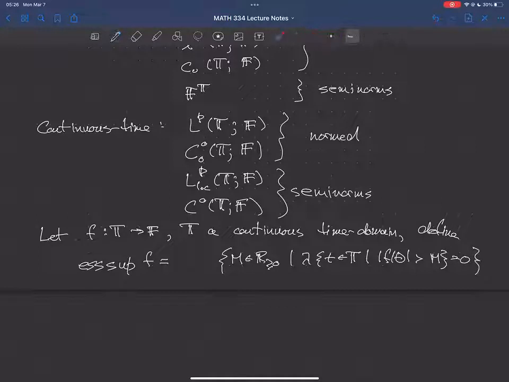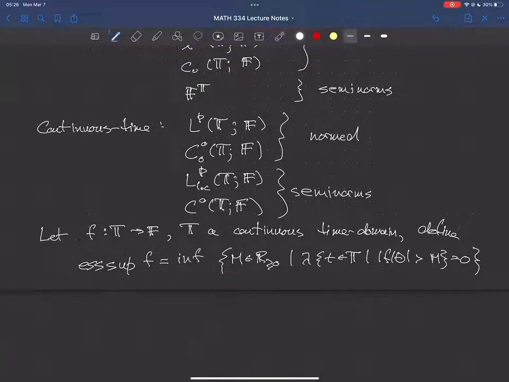Let's make sure we understand this part. You choose an m, and then you ask, is it true that the set of t's for which f of t exceeds m has measure 0? Over the set of all such m's, we take the infimum.